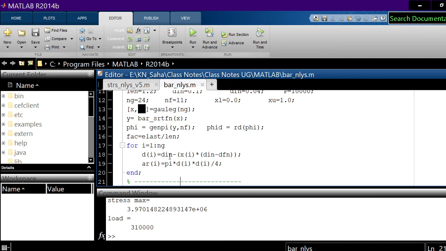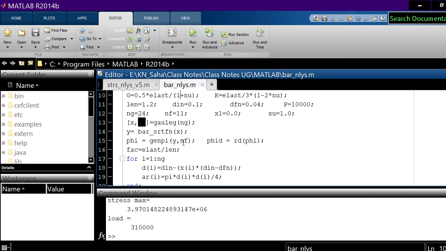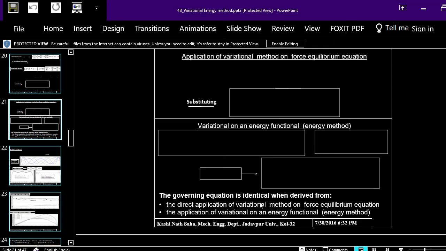So this is specified at the two ends. The diameters are specified here, 0.1 and 0.4, and then we have generated some Gauss points for numerical integration. So at those points, this area is inbuilt within that integration, right?